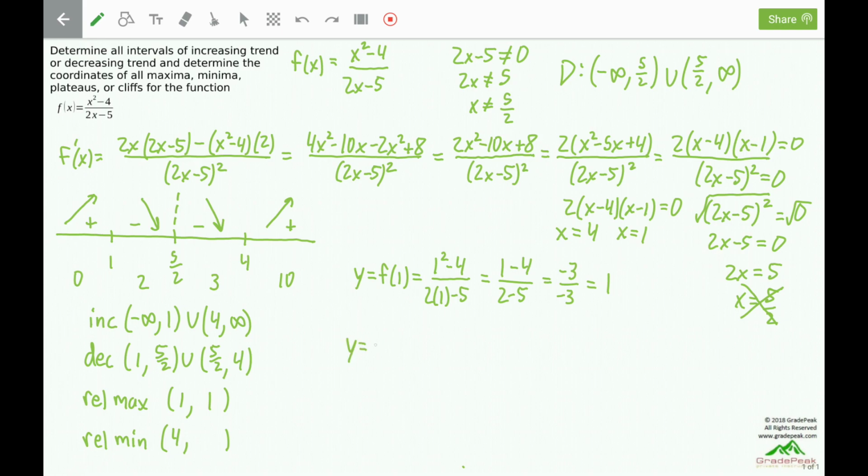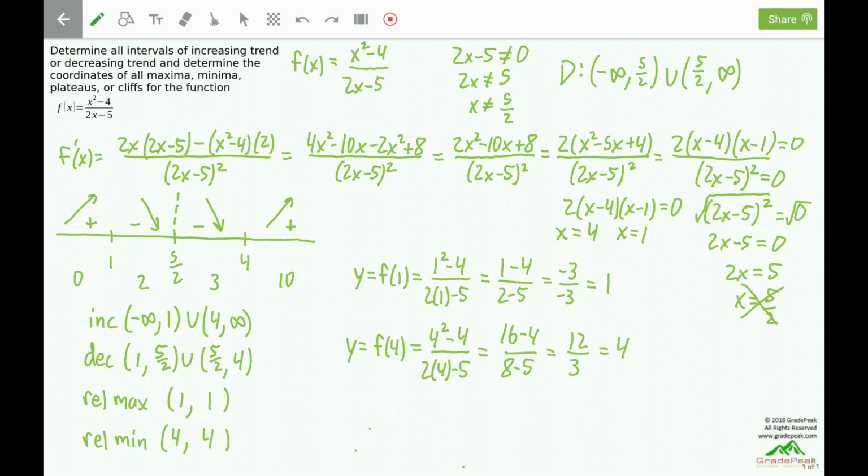So y equals f of 4, which is 4 squared minus 4 divided by 2 times 4 minus 5. 4 squared is 16 minus 4 over 2 times 4, which is 8 minus 5. 16 minus 4 is a 12. 8 minus 5 is a 3. And 12 divided by 3 is a 4. So at 4, 4, there will be a relative minimum.